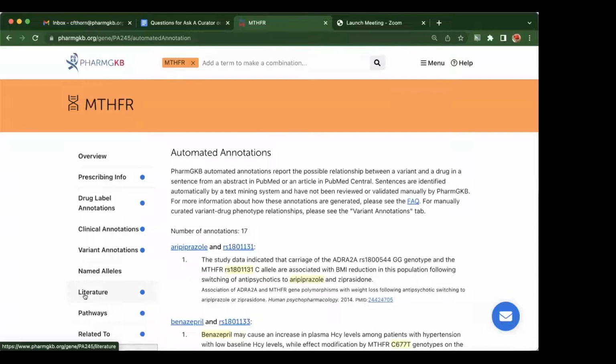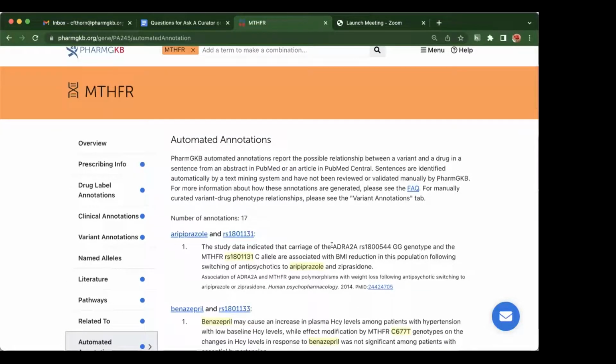So we are not integrating these with our stuff at the moment, because these are not curated. We are using them ourselves as a starting point to do variant annotations, but we decided also to show people what we had coming in case they were desperate for something.